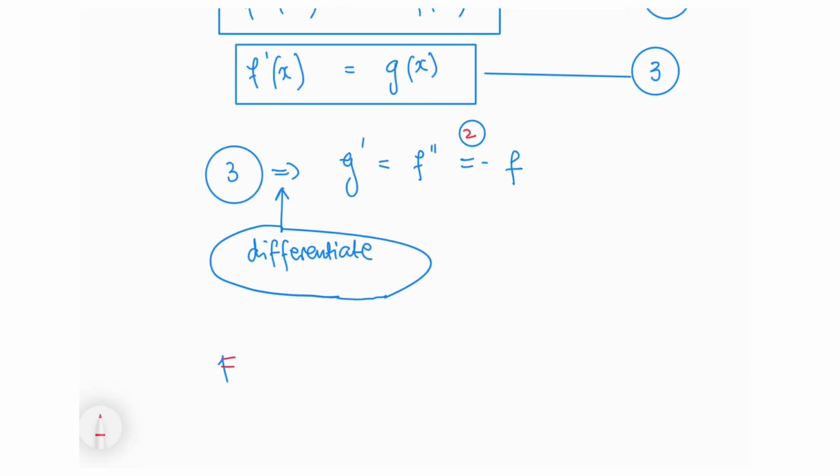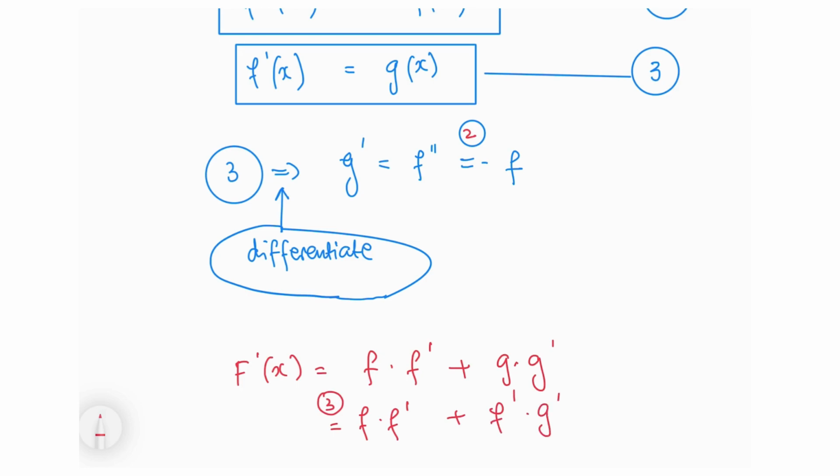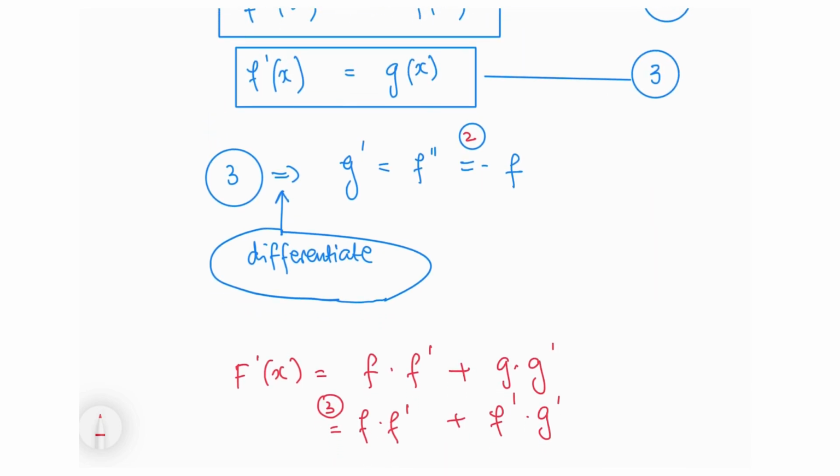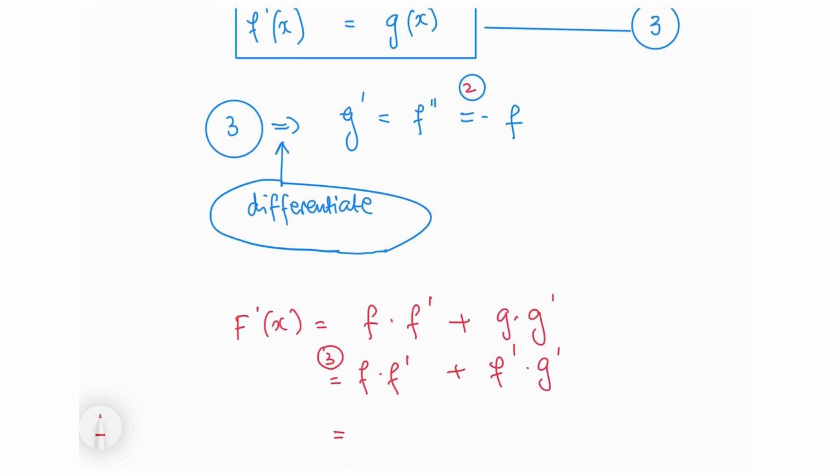So let us write F prime of x is f times f prime plus g times g prime. Now, this we can rewrite: plus g is, according to 3, f prime times g prime. But this is again, according to 2, g prime, and this we are going to call now 4.